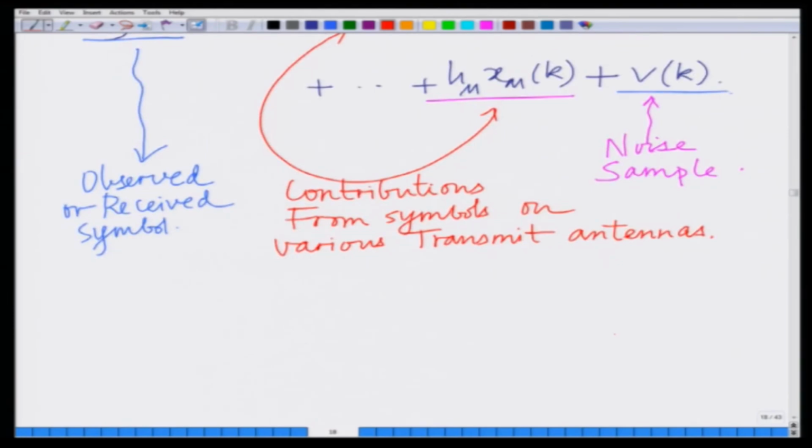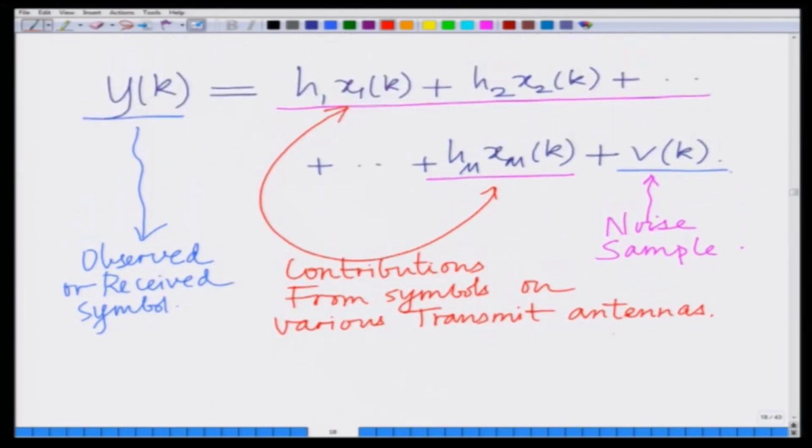For instance, x1 k is the symbol transmitted on transmit antenna 1 at time instant k, that goes through channel h1. For instance, h2 x2 k basically refers to symbol x2 k transmitted on transmit antenna 2 at time instant k, going through channel h2, and so on until hm xm k, that is what we have.